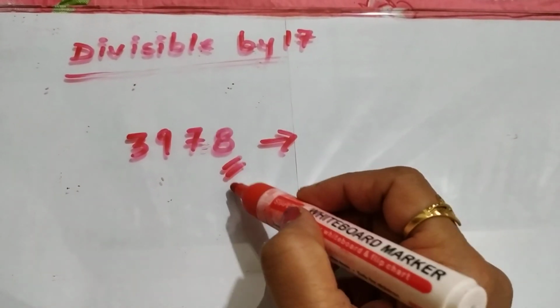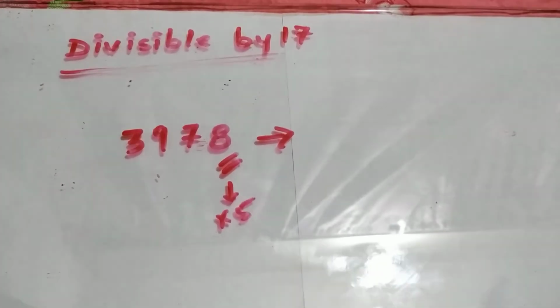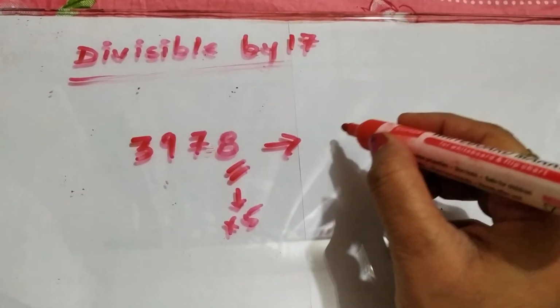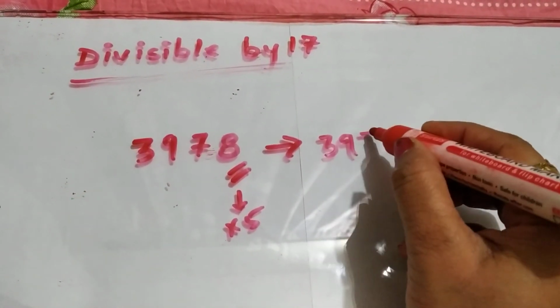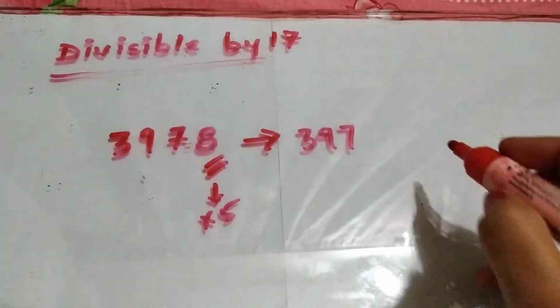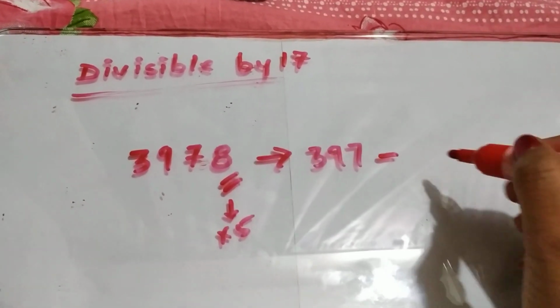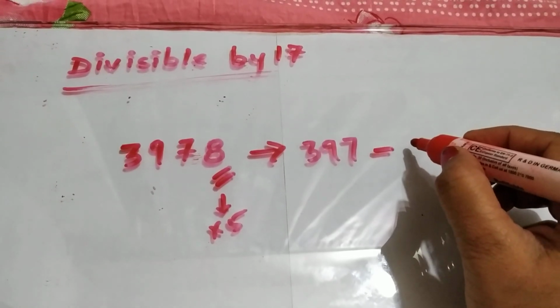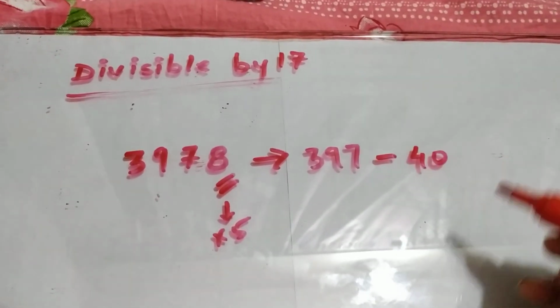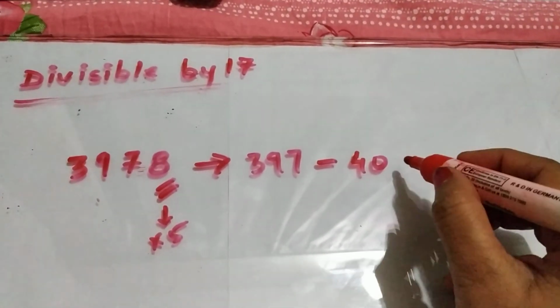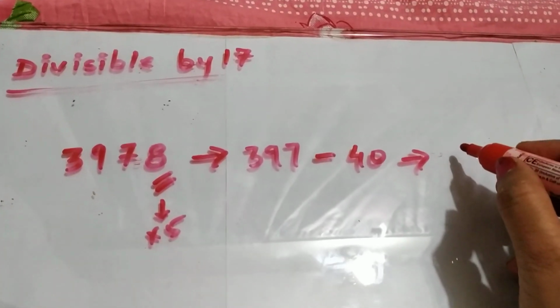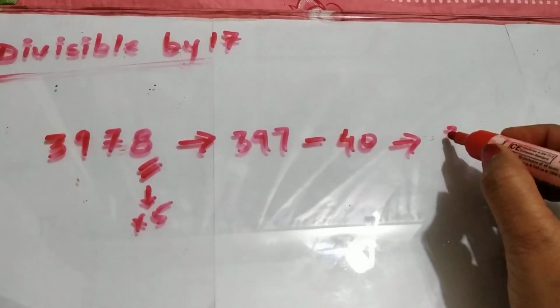Multiply the last digit by 5. First we write the remaining number, 397. Subtract 5 times the last digit: 8 fives are 40. So what you got? You got 357.